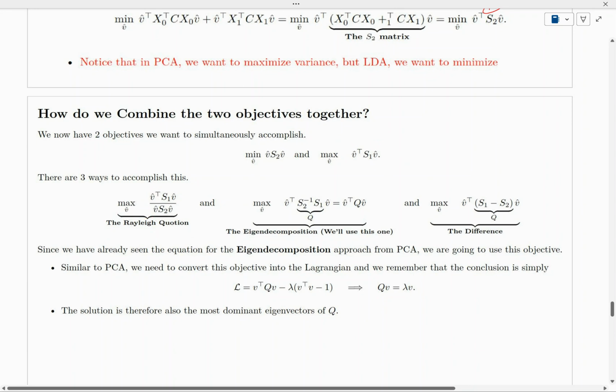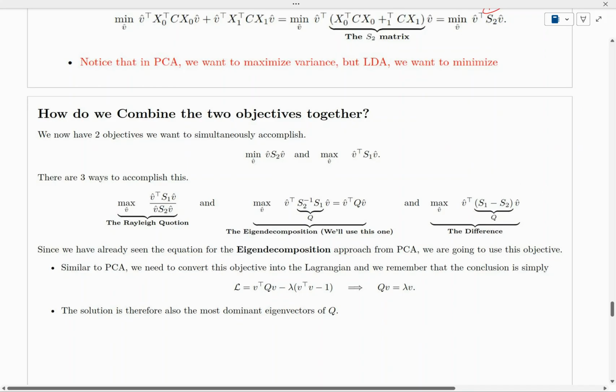Another way is if you simply multiply S1 by the inverse, so you're trying to maximize S1 and maximize the inverse of S2. So that becomes our Q matrix, right? And the third way is you can just add S1 and minus S2. So you're trying to maximize S1 and maximize the negative of S2.